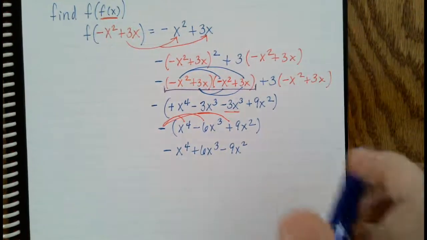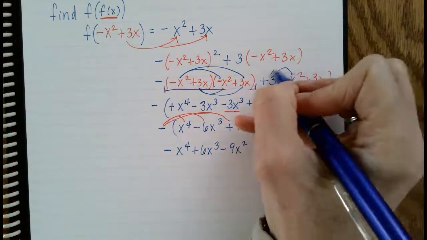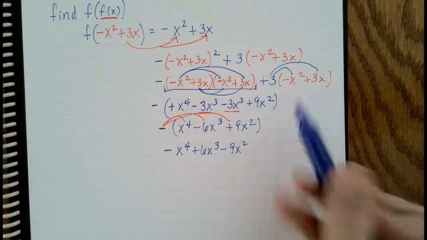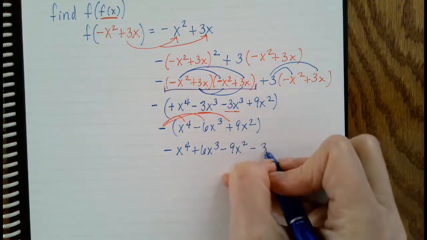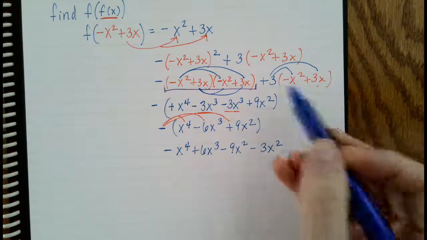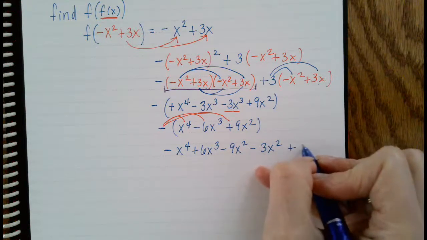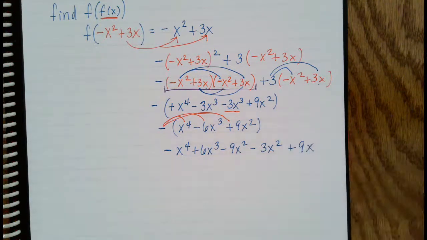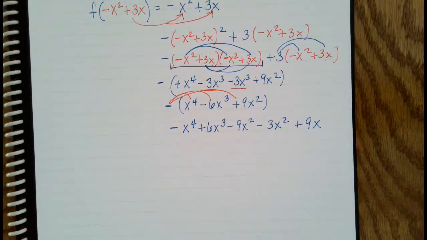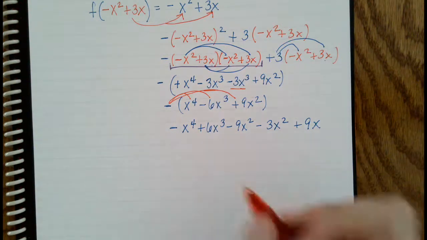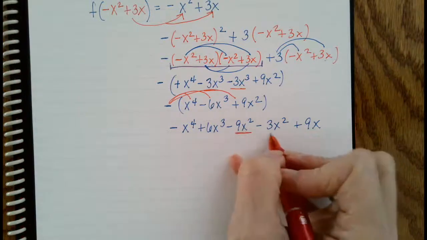Well, we still have to distribute our second value as well. Positive 3 times negative x squared is negative 3x squared. Positive 3 times 3x is positive 9x. And so we're really close to being done now, because there's only one set of like terms.